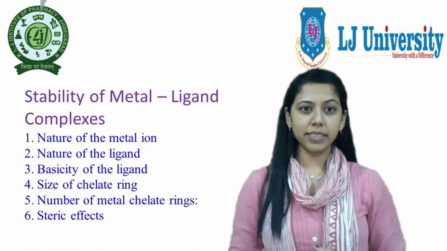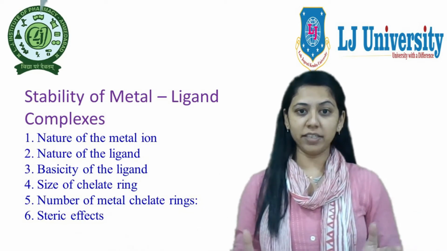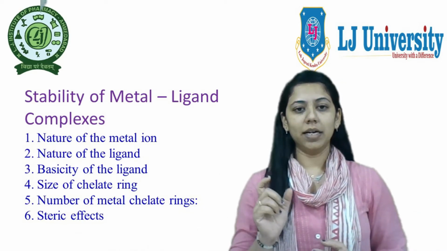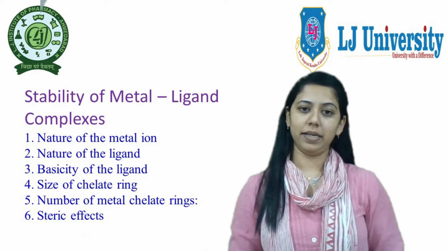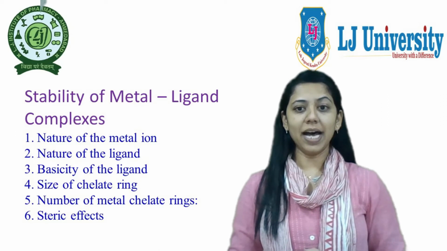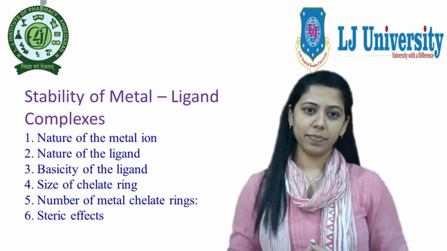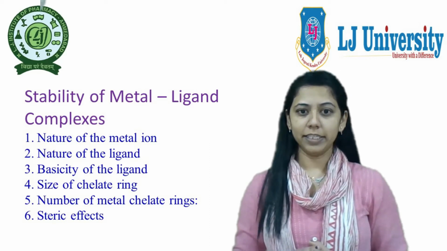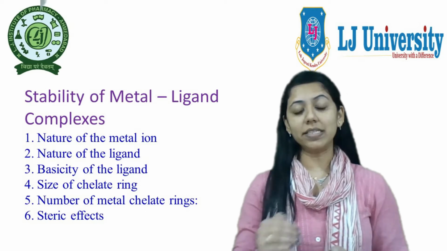Now let's discuss the stability of the metal ligand complex. There are so many factors which influence the stability of a complex. First, nature of metal ion. A small ion with a high charge leads to a stronger complex. Then nature of ligand. Ligands forming chelates impart extra stability.